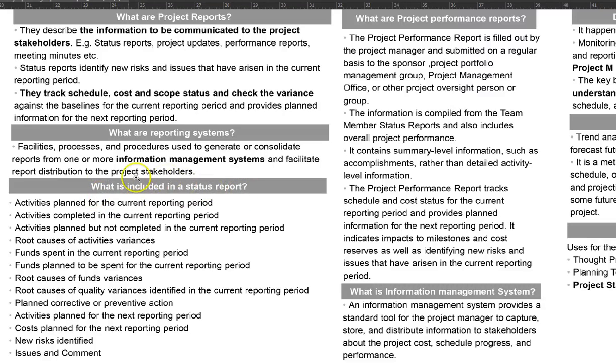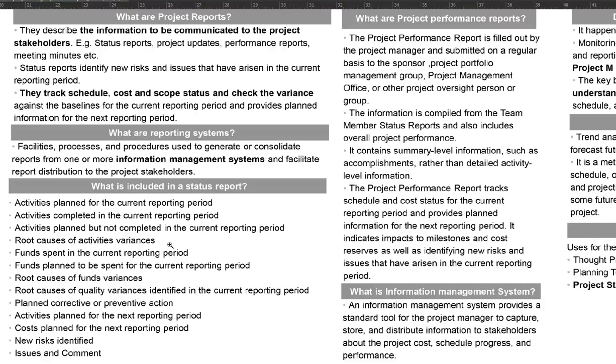In a status report, we have planned activities for the current reporting period, completed activities in the current reported period, activities planned but not completed in the current reporting period. Root causes of the activities variance. Why is there a variance between these activities?